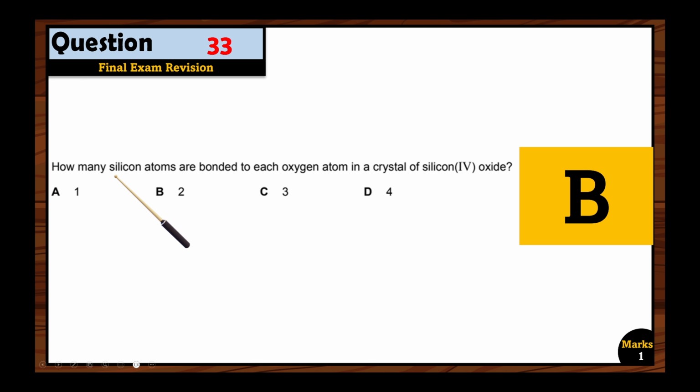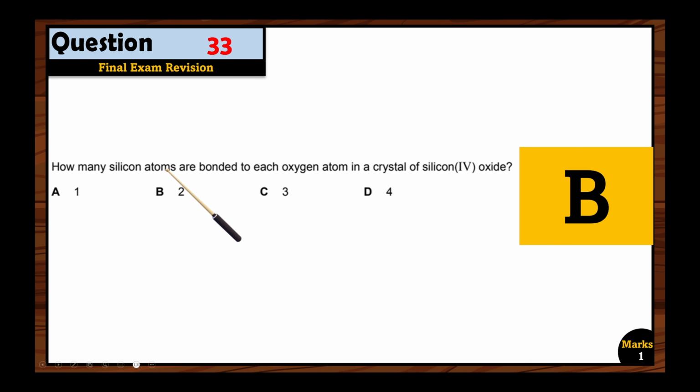Is that point clear to everyone? Here the question is different. They ask how many silicon atoms are bonded to each oxygen atom. Now they are not asking about the silicon. Silicon atoms have 4 oxygen bonded, but for the oxygen atom, they are asking how many silicon atoms are bonded to oxygen, right?